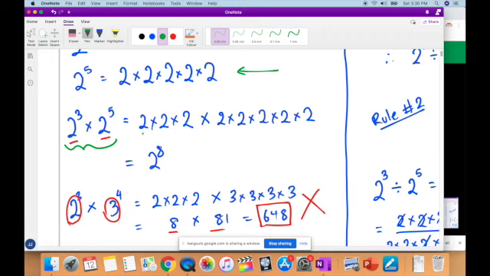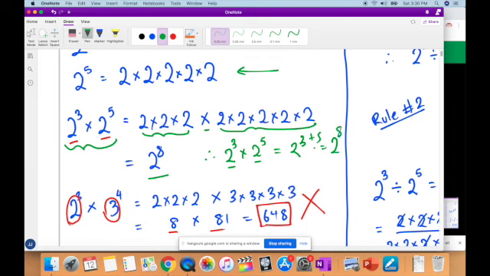That is just 2 multiplied by itself 8 times, so you just get 2 to the power of 8. Therefore, once the base is the same, you could just add the indices: 3 plus 5, which is 2 to the power of 8. Did you understand that, Caitlin?